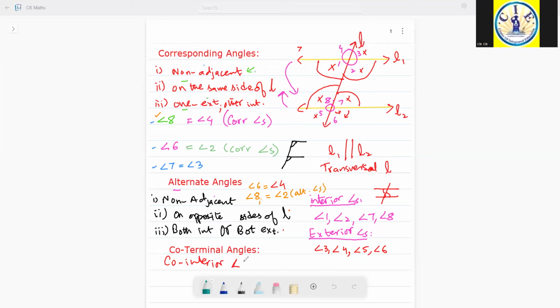Co-interior angles: sum is equal to 180 degrees. So in this case, we have angle 7 and angle 2. Their sum is equal to 180 degrees. Similarly, another pair is angle 8 and angle 1. So these are the co-interior angles.